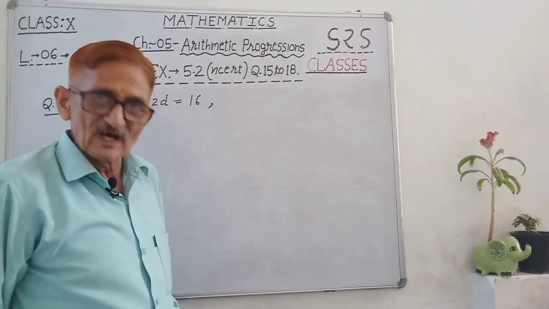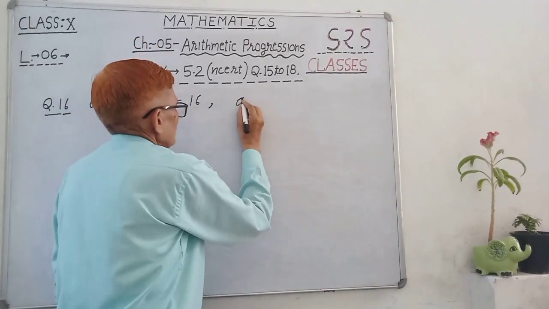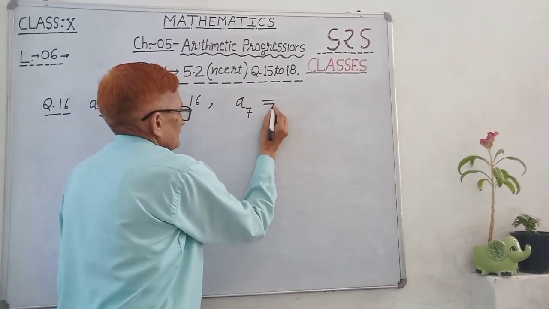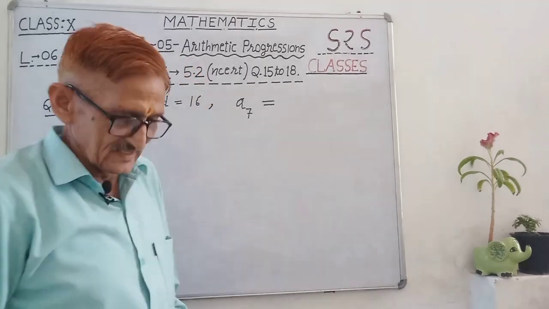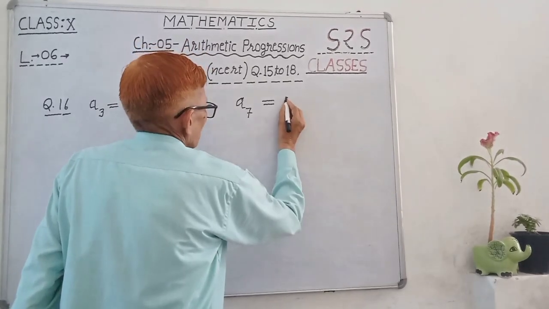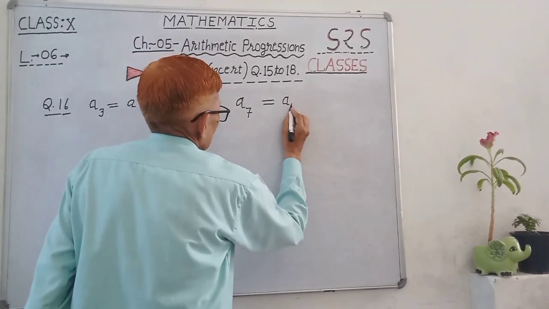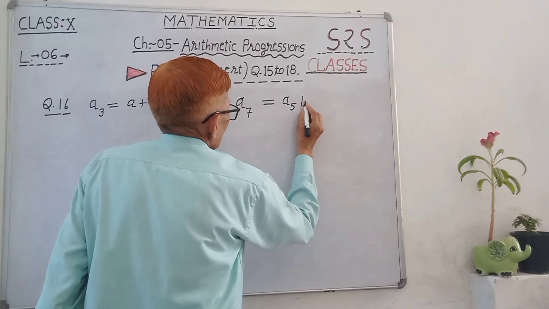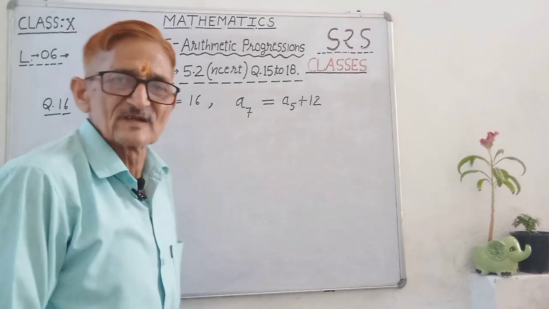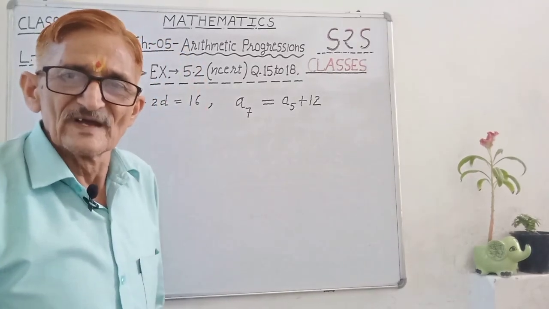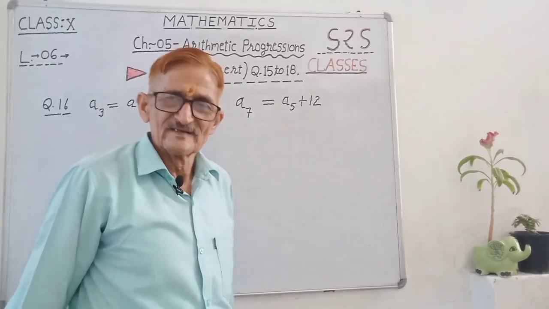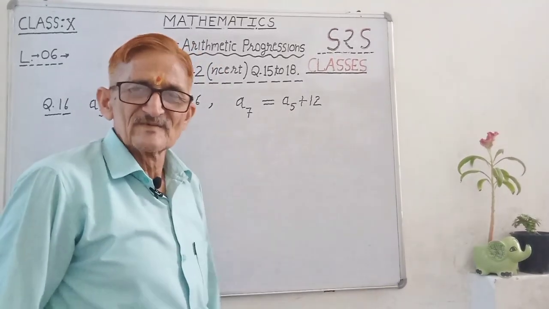Okay, and seventh term exceeds the fifth term. Seventh term A7 exceeds, बड़ी है, इंक्रीज है, ज़्यादा है, फिफ्थ टर्म से कितना? 12 ज़्यादा है, तो फिफ्थ टर्म में अगर 12 ऐड कर दें तो इक्वल हो जाएंगे, ओके, because seventh term is greater than the fifth term by 12.